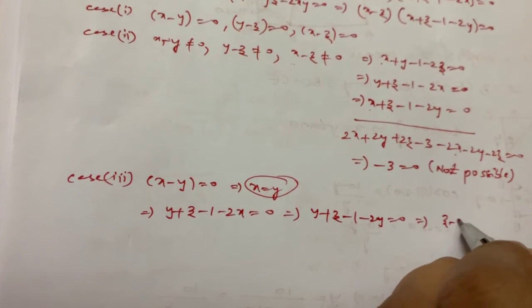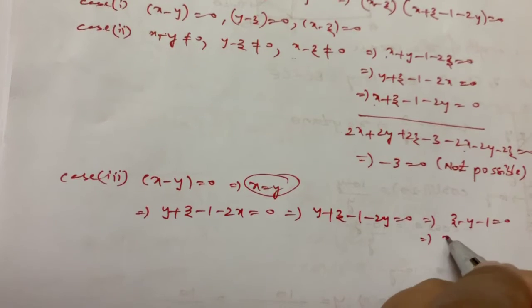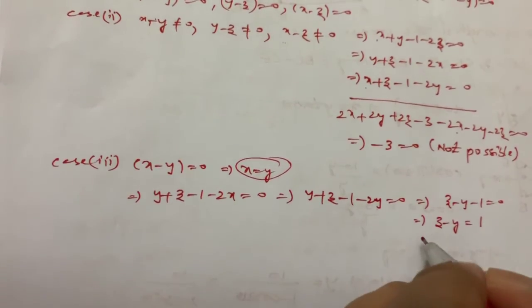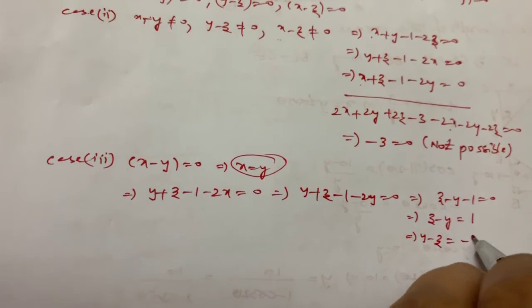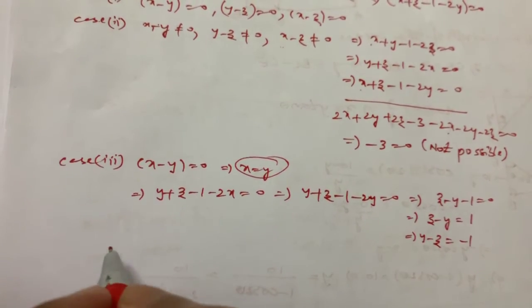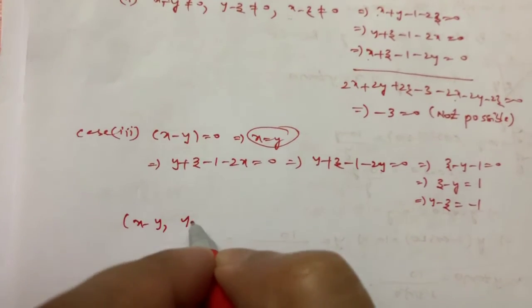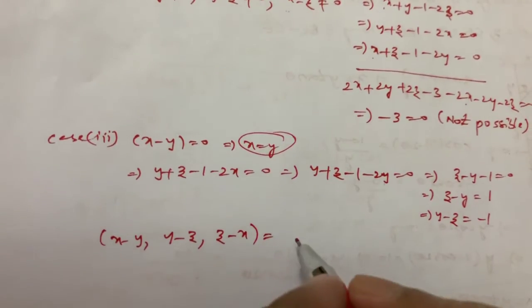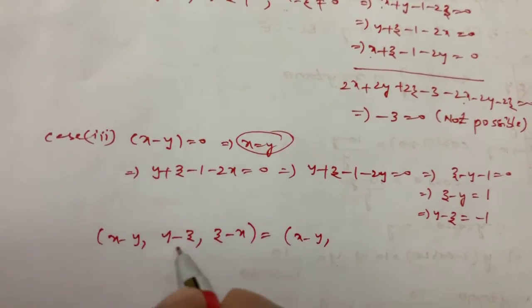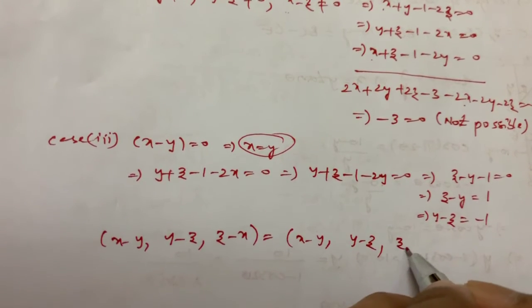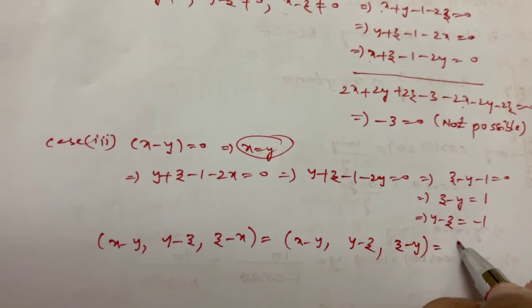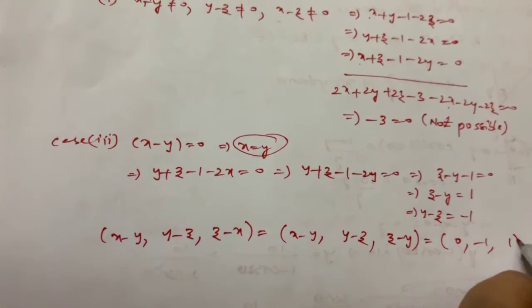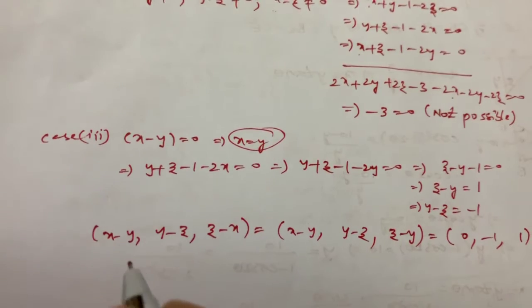So we'll have z − y − 1 equal to 0. So z − y is equal to 1, and y − z is equal to minus 1. The ordered triplet is (x − y, y − z, z − x). Here x equal to y, so x − y is 0, y − z is minus 1, z − x is 1. So like this we can take the other cases also.